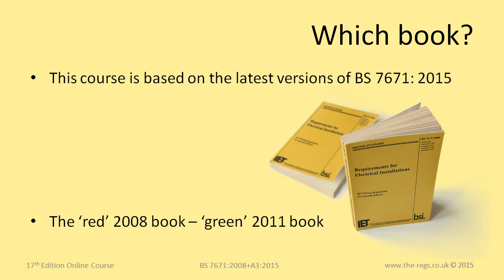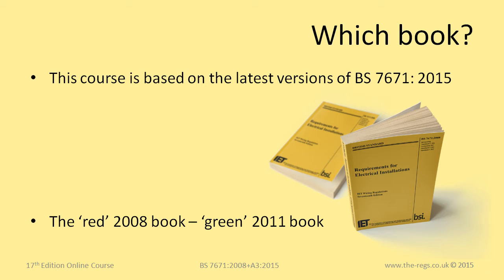First of all, which book are we going to be using? Hopefully in front of you there should be a yellow copy of the 2015 edition of BS7671. If not, you need to get along to Amazon or wherever and purchase a copy, because that is the one that we are going to be using for this course.